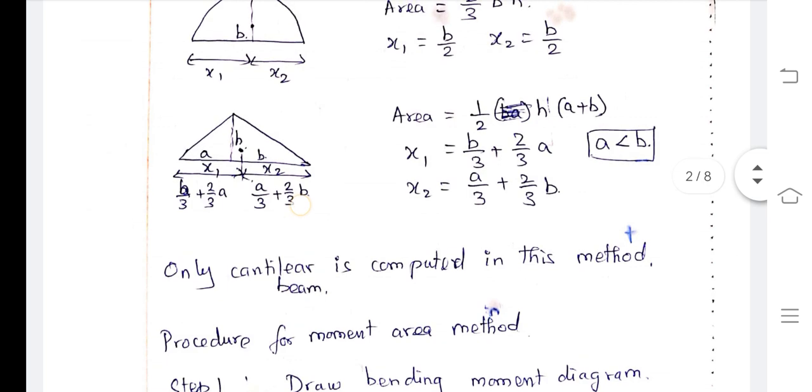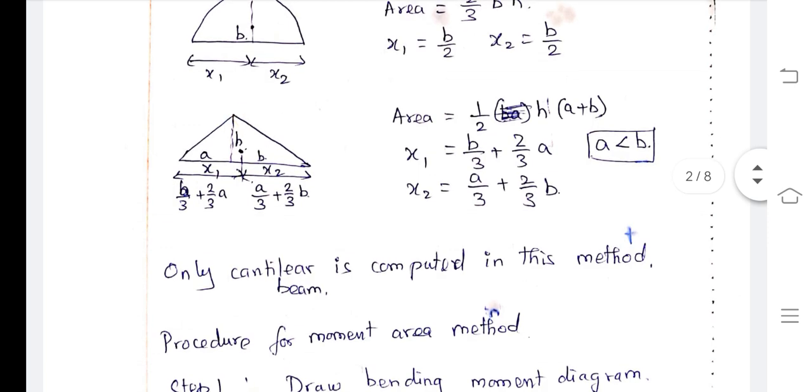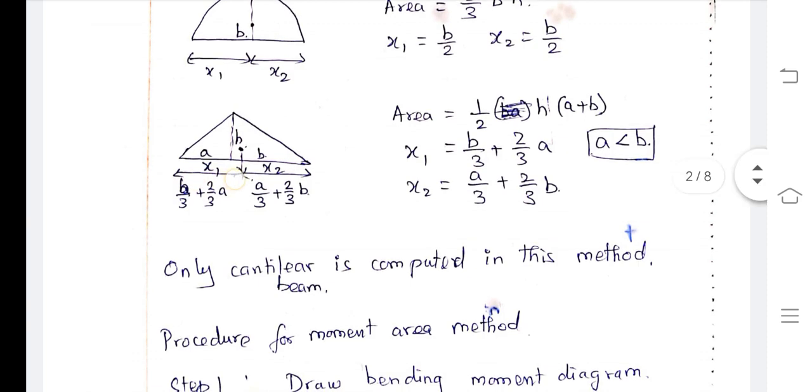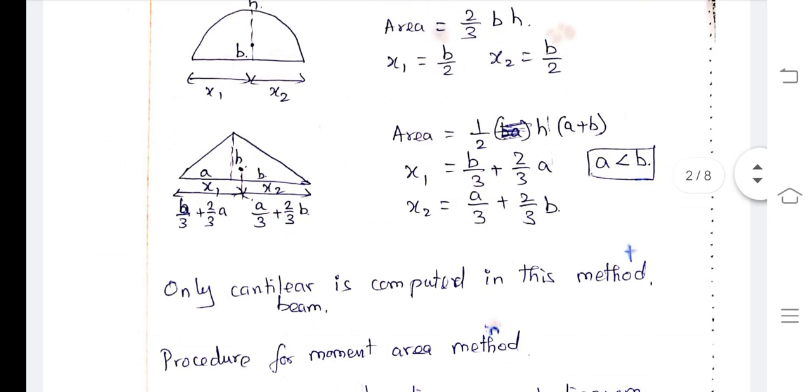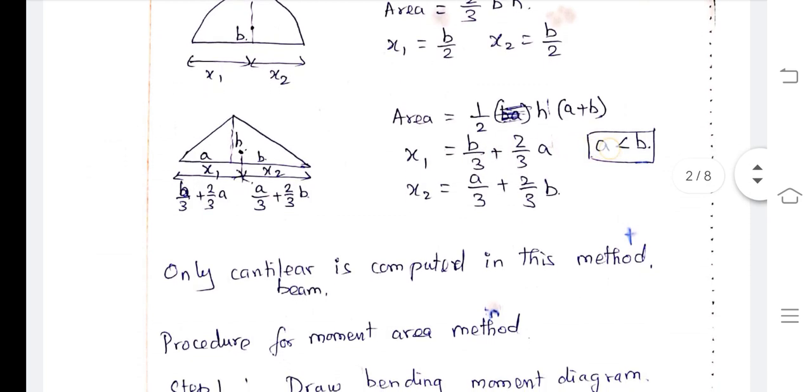Then a triangle with different base lengths, that is A and B, where the peak value is at a distance of A. This type of triangle will come in the simply supported beam with a point load. Here area is equal to 1 by 2 into H into (A plus B).